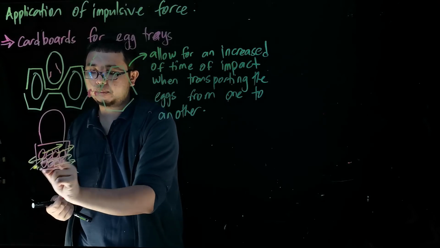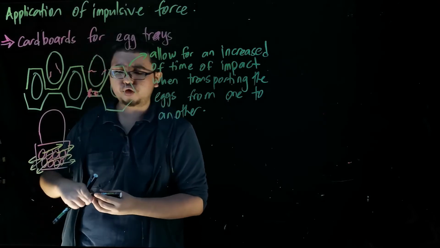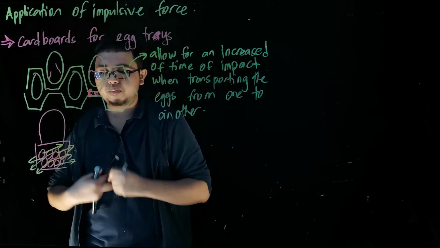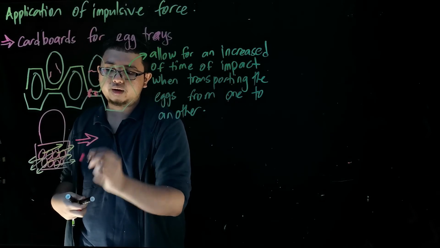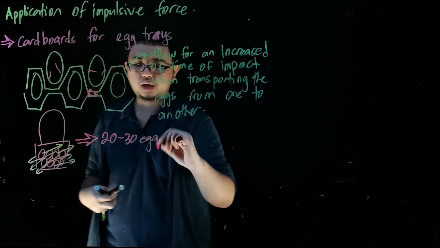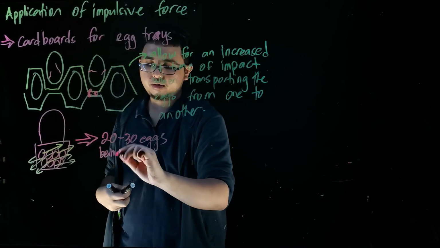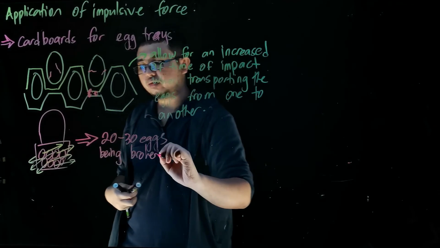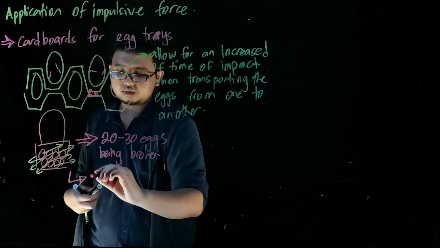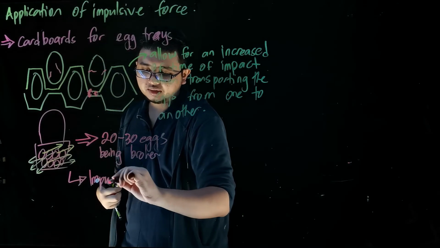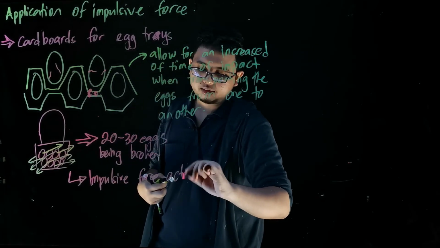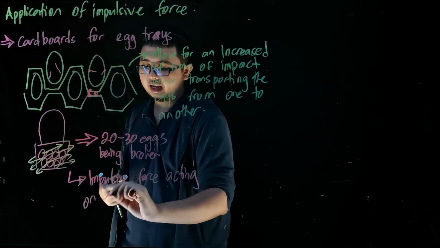They are affected by inertia. So out of hundreds of eggs, you're going to end up with 20 to 30 eggs being broken. Why? Because transporting in a basket will lead to the impulsive force acting on each eggshell to be large.